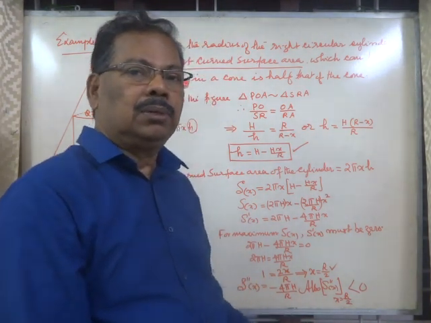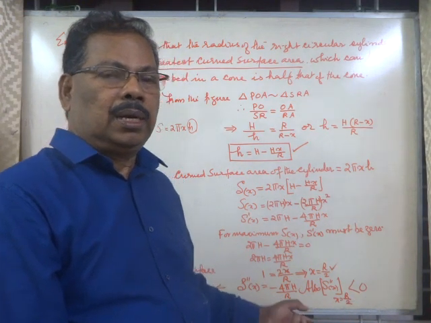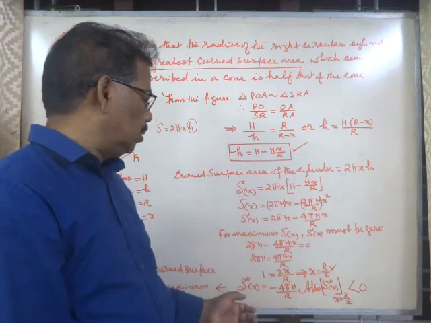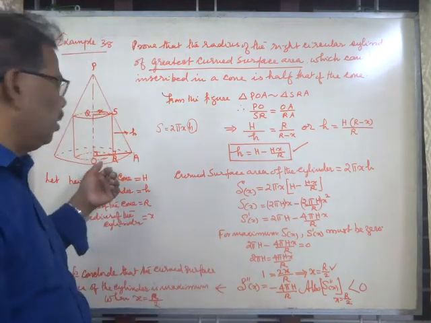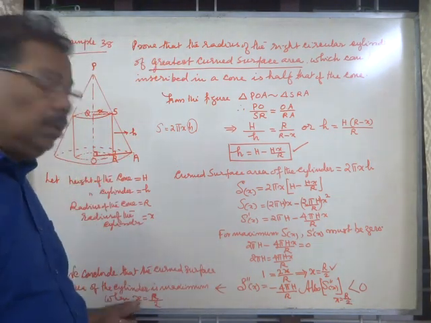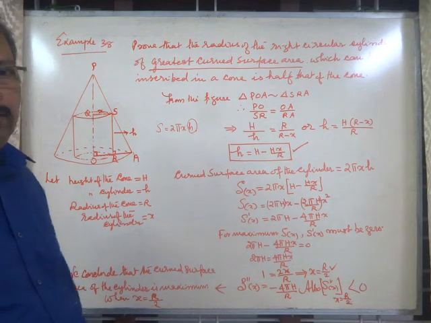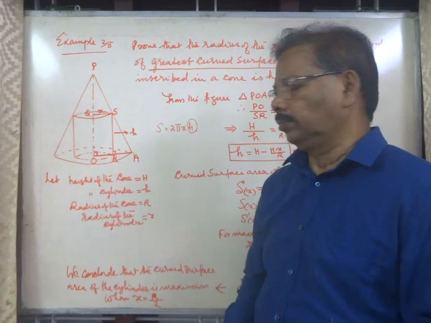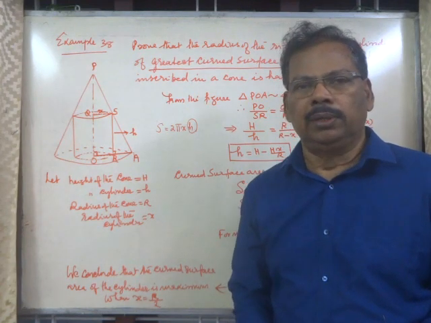It means that the curved surface area is maximum when the radius of the cylinder is half that of the cone. Okay? Thank you.